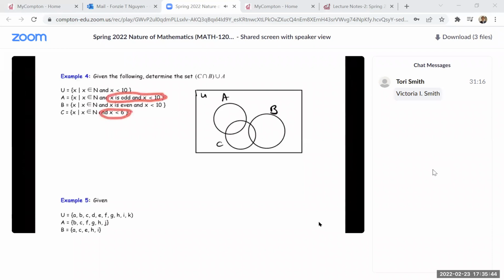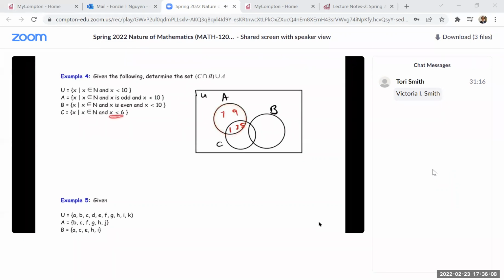A is 1, 3, 5, 7, 9. And this one says all the numbers that are less than 6, so that's 1, 3, and 5. Yes, 1, 3, and 5 are in common. And then in set A, it's going to have 7 and 9, the odd numbers.